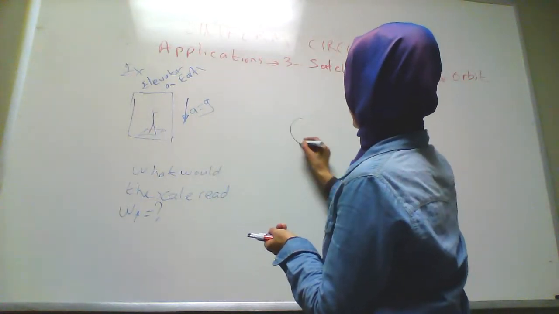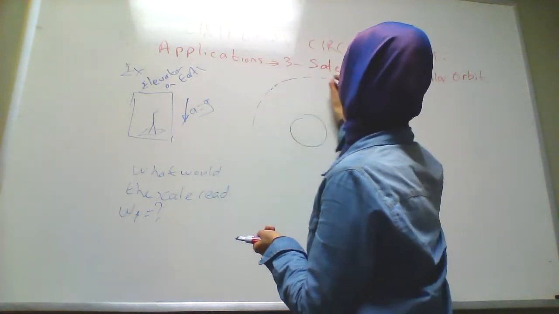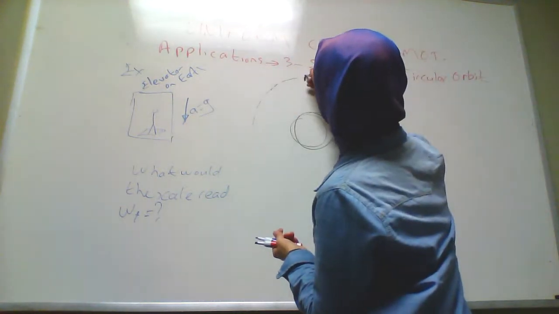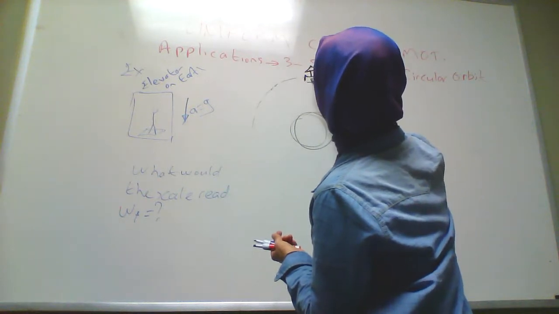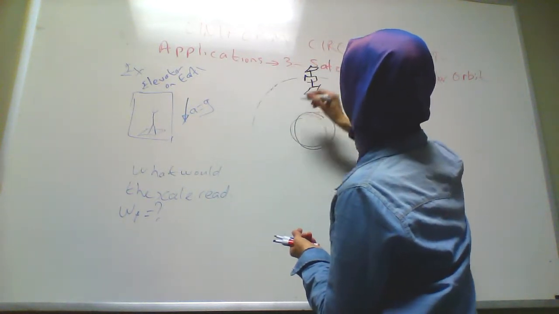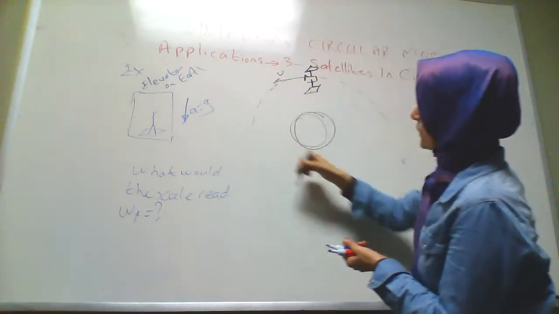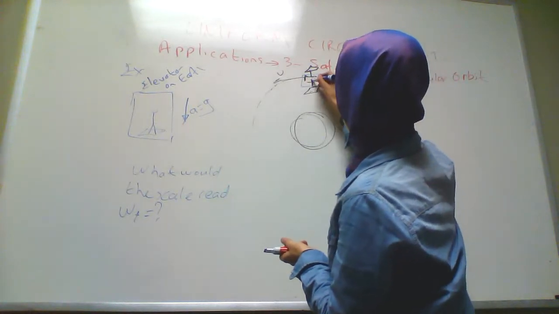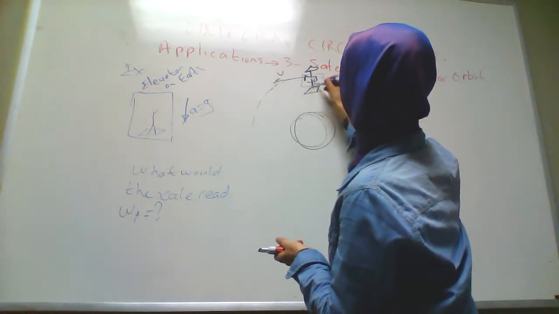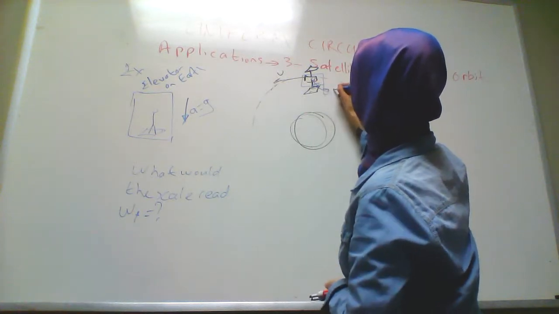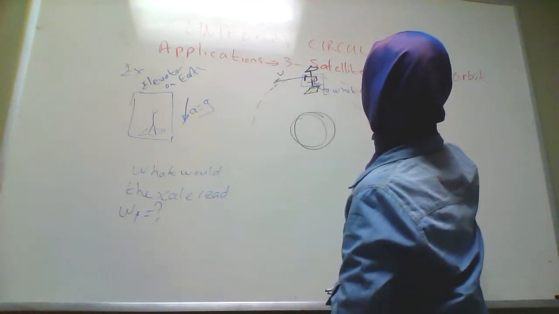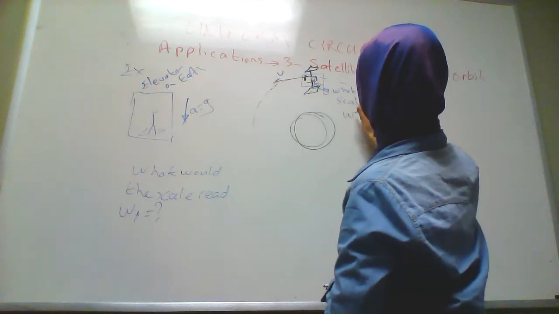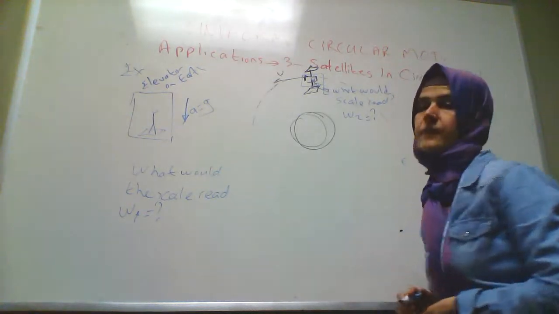And then we have a satellite in orbit around the Earth, doing circular motion. Let me make it bigger, because there is also an astronaut inside the satellite measuring his weight. What would the scale read in here? Let's call this W2 and think about it.